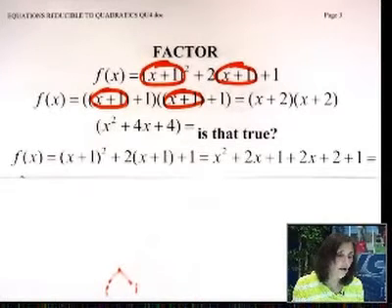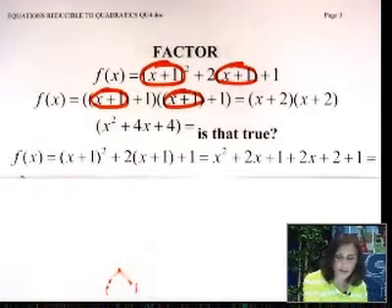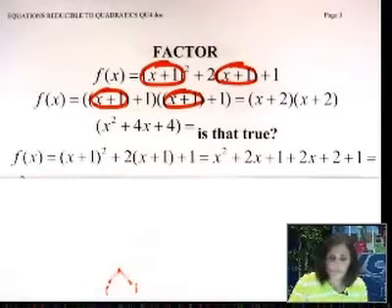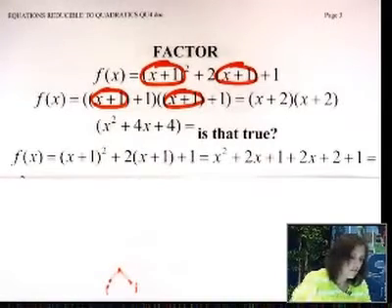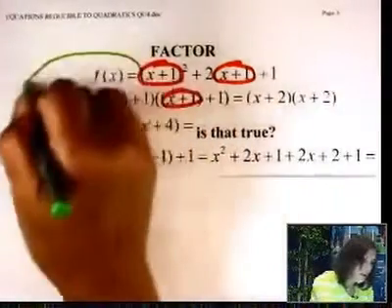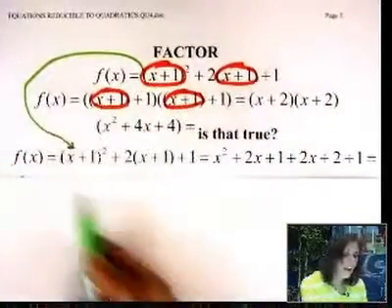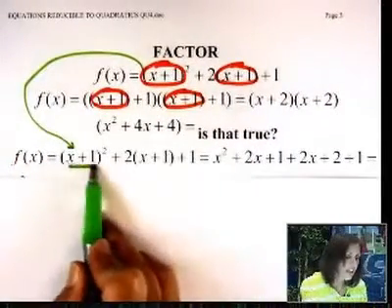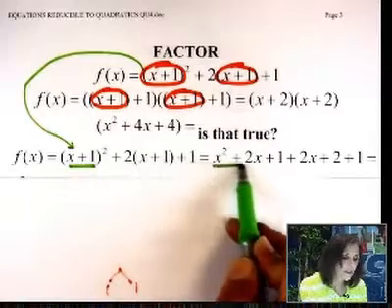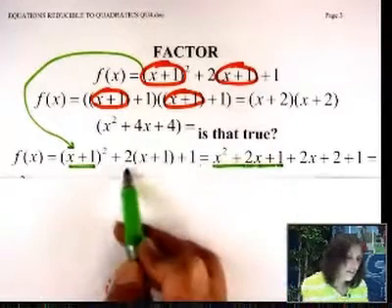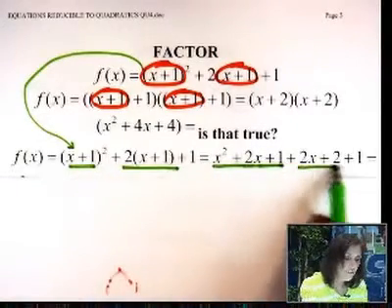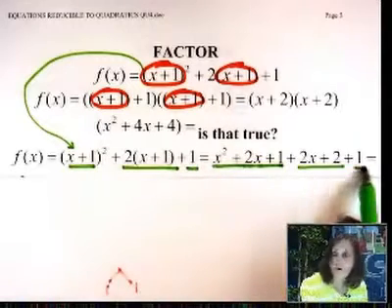You can kind of go and play with it. Go to your original equation. Here's my original equation. And square it out. x plus 1 squared is x squared plus 2x plus 1. And follow this out in 2x plus 2. And then you have a 1 and a 1.